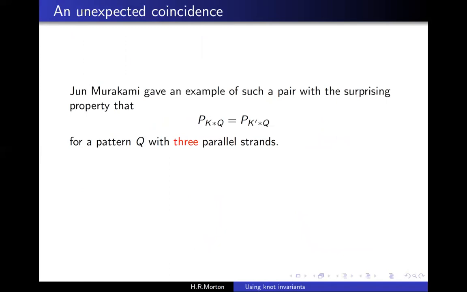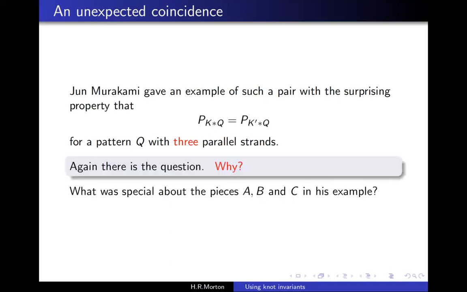But something that turned up rather later on was that Jun Murakami, well, I think maybe it was Ochiai and Morifuji initially, were looking at some rather special sorts of tangle, and they came up with a pair of tangles with the surprising property that the polynomials were the same even with 3 parallel strands.